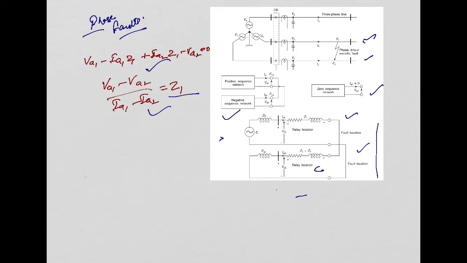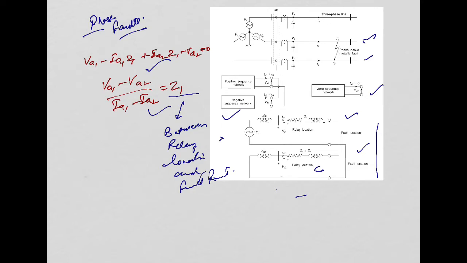So the ratio of the difference in positive and negative sequence voltages and currents gives the desired value of the positive sequence impedance between the relay location and the fault point.